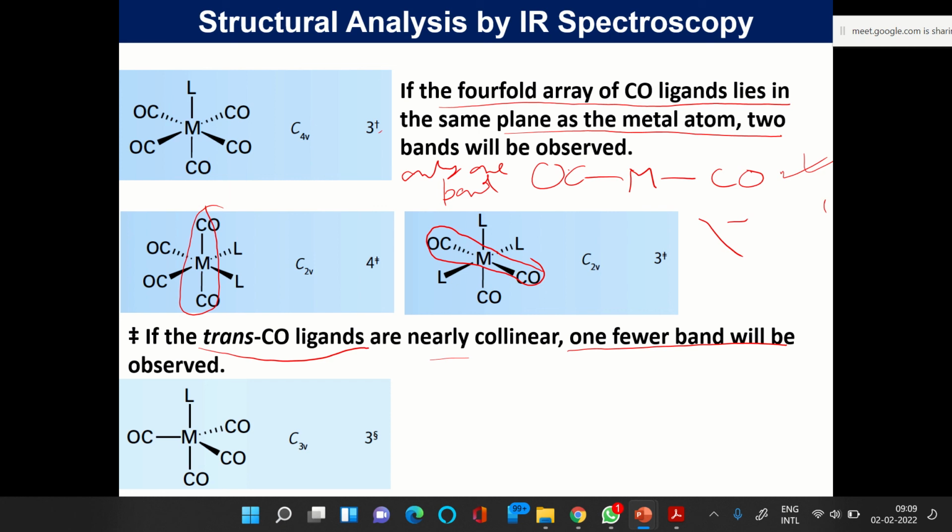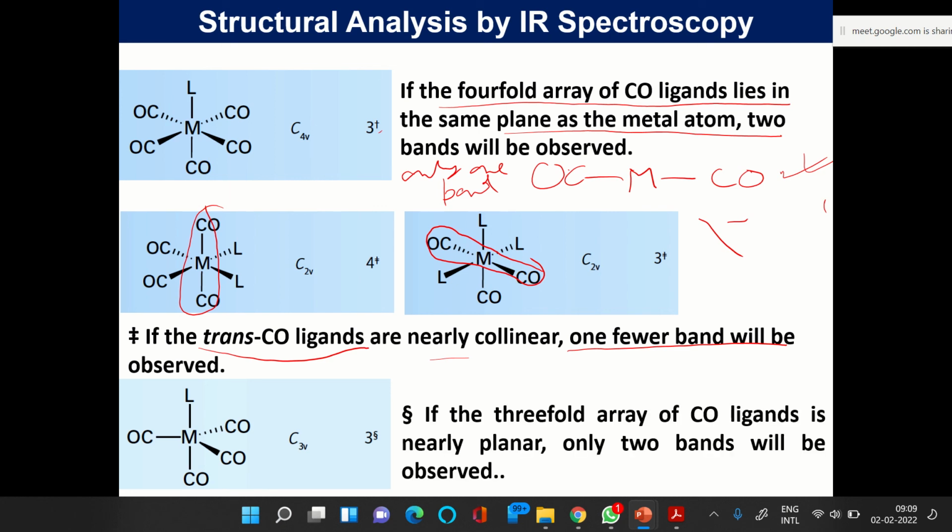In trigonal bipyramidal geometry, the threefold array of CO ligands is planar, so again only two bands will be observed.